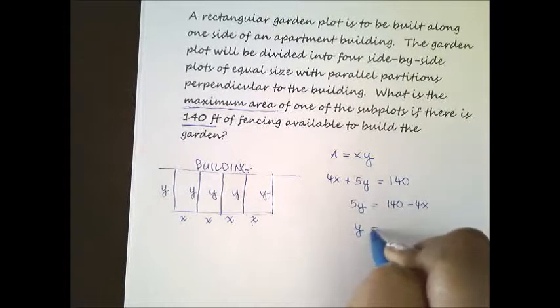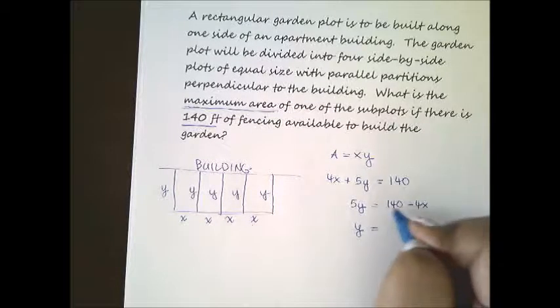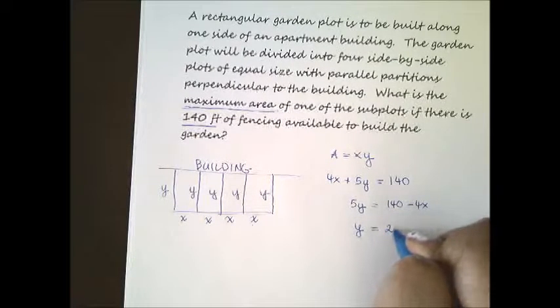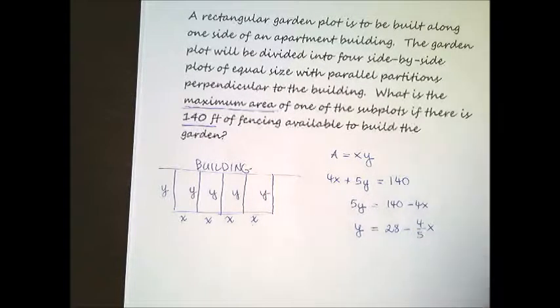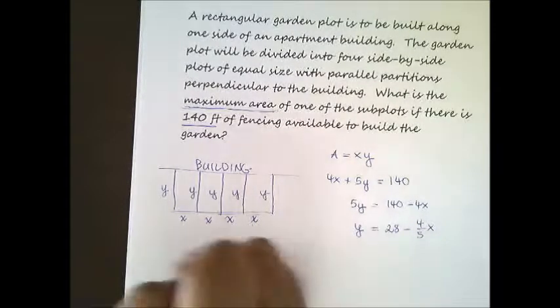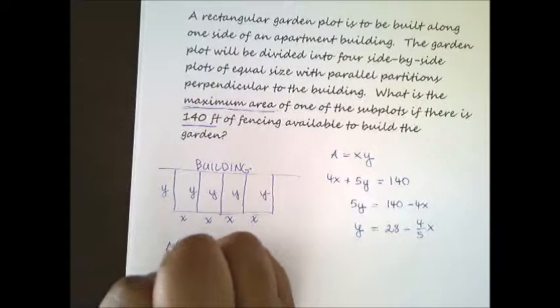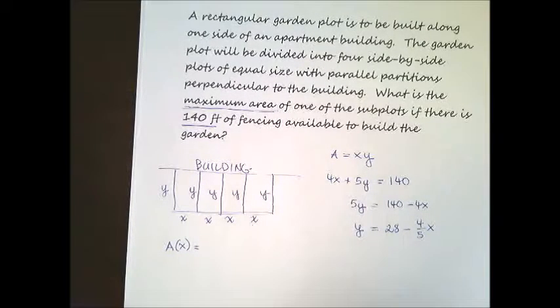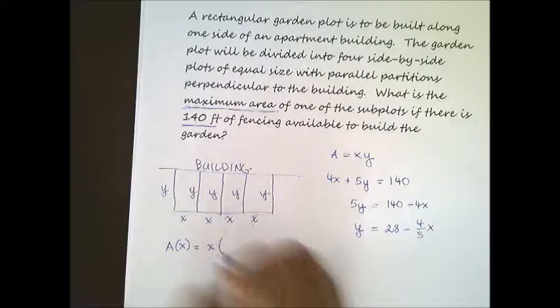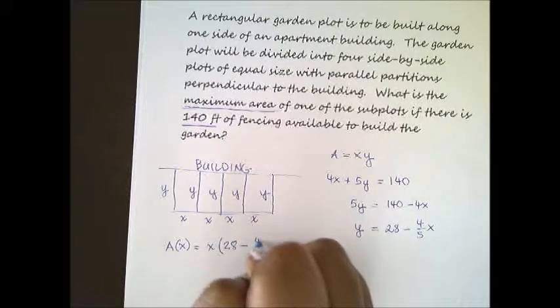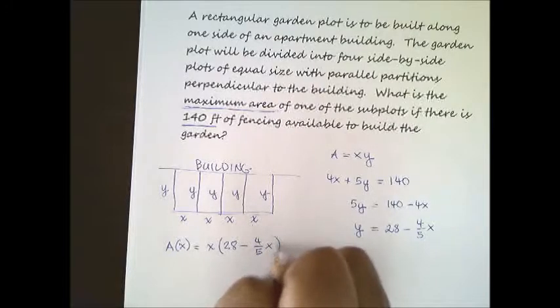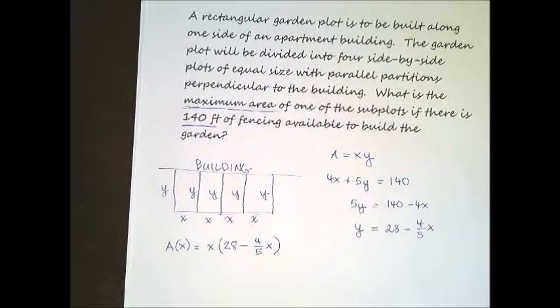So y is equal to, let's see, 28 minus 4/5 x. So my optimization function, my function in terms of one variable alone, is x times y, which is equal to x times (28 minus 4/5 x). That's the function I want to find the maximum value of.